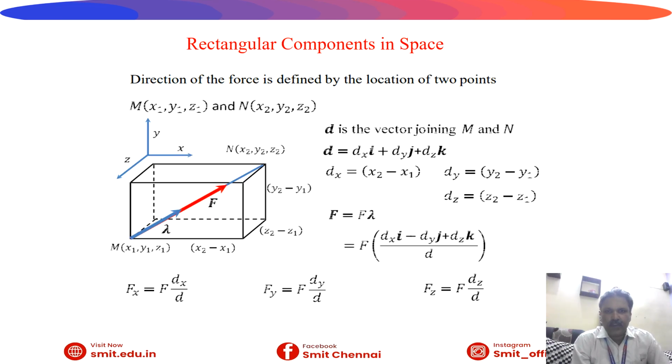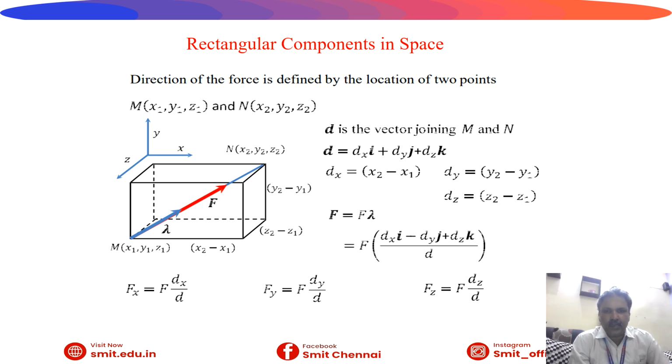Direction of force is defined by the location of 2 points, that is M and N. M in terms of x1, y1, z1, and the same thing we can write for N, that is x2, y2, z2. D is the vector joining M and N. What is D? dx i plus dy j plus dz k.